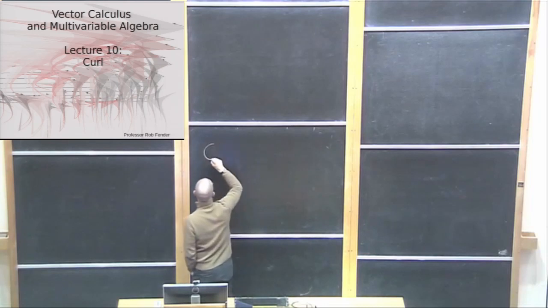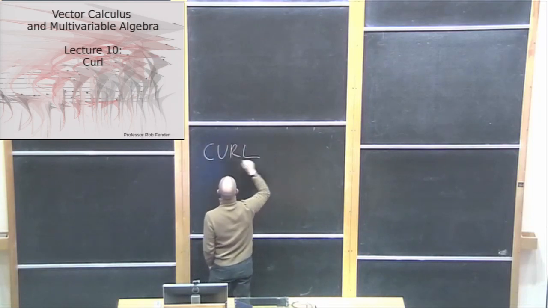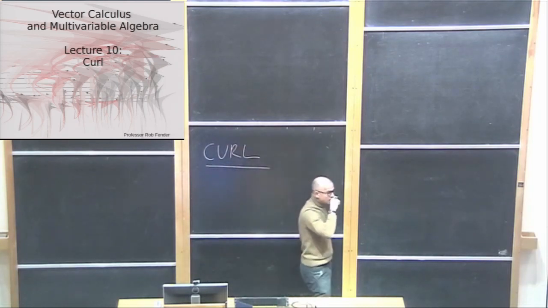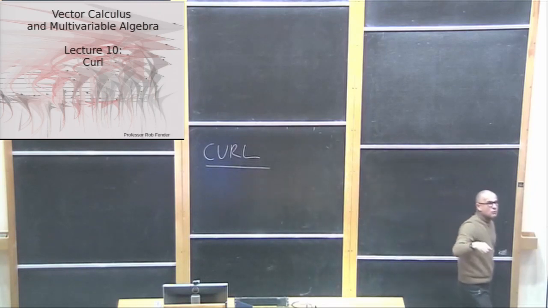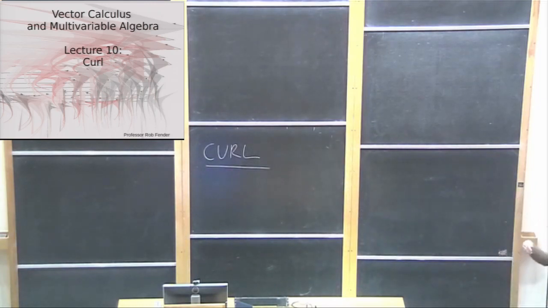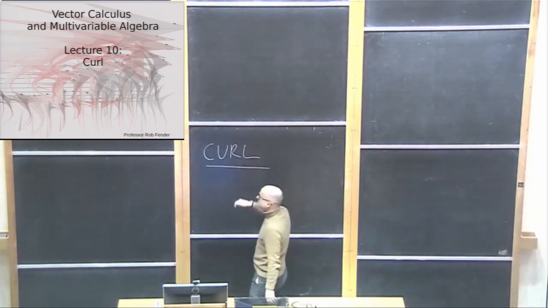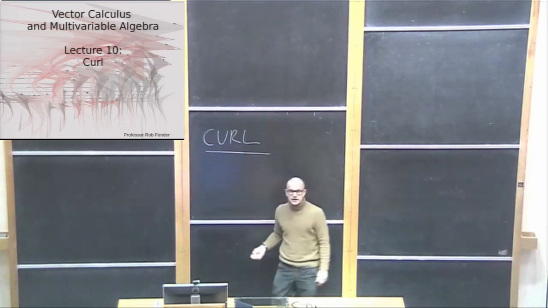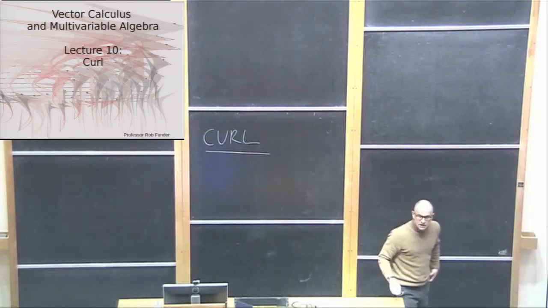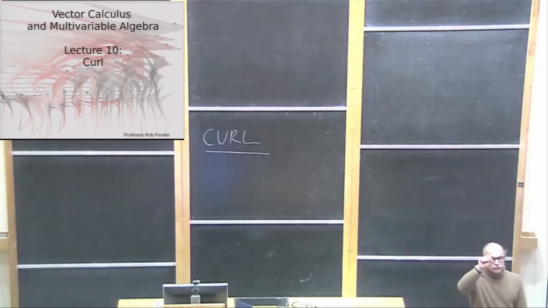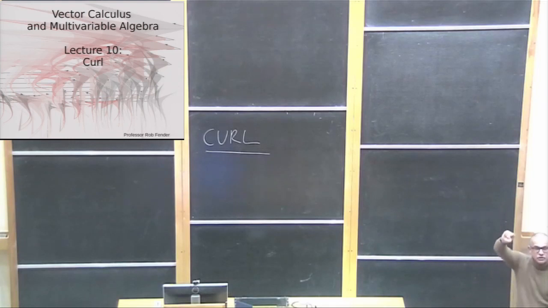Right, so today we're going to go over the last of the three new functions which are introduced in this course, which is the curl. In a similar way to the gradient and the divergence, there's a hint to what they are in their name. There's also a hint to what the curl is in its name. And the curl gives you a measure of the microscopic rotation of a vector field.